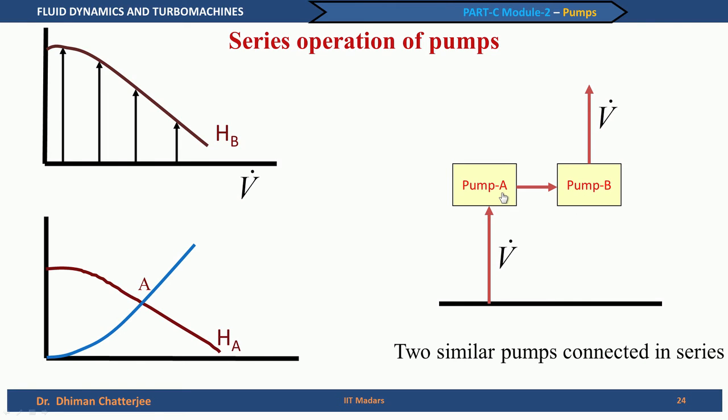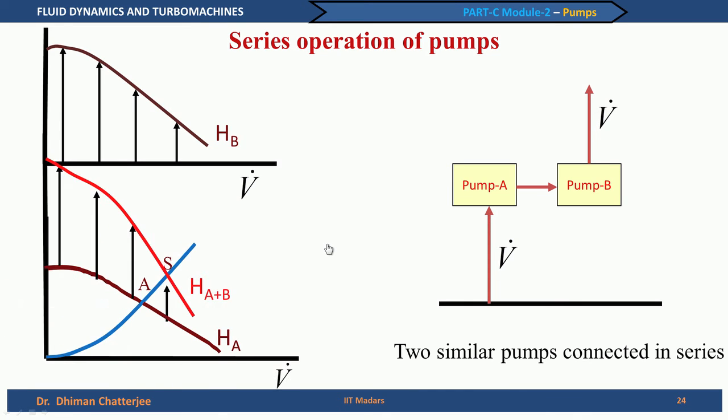Energy is being added by the respective pumps and the head increases, and as a result the resultant curve is shown in red. This H A plus B is my way of saying the head developed by both the pumps A and B together, and you can find out the operating characteristics. I will take up one problem and discuss it, and then it will become clearer.